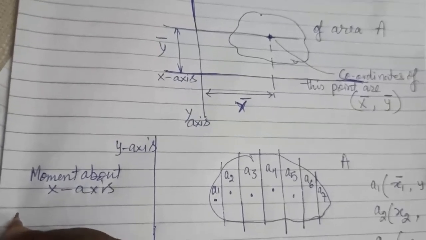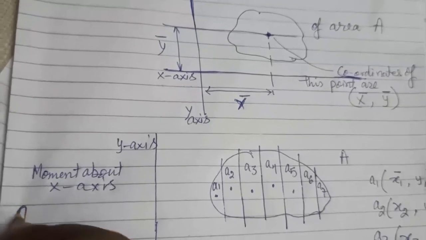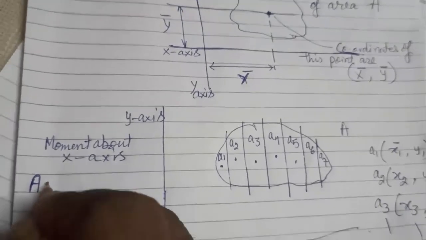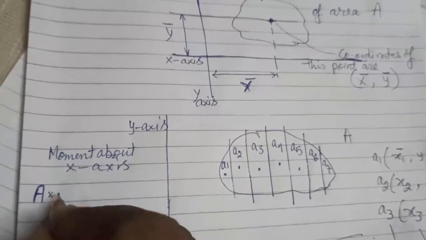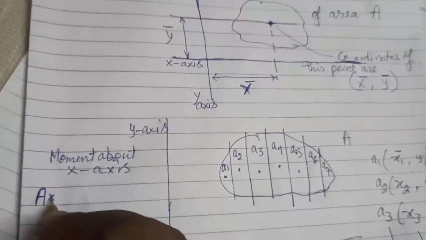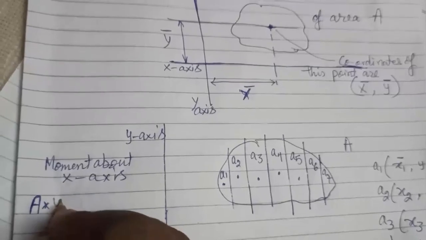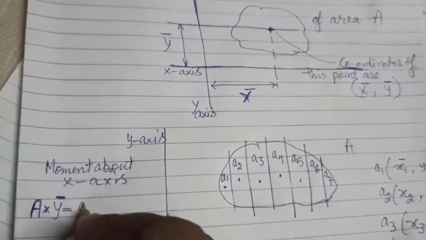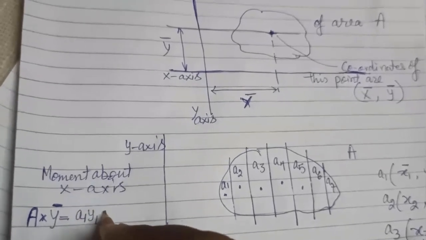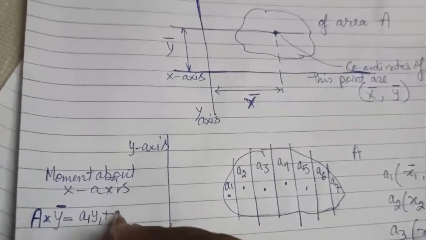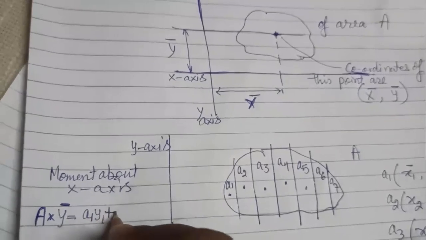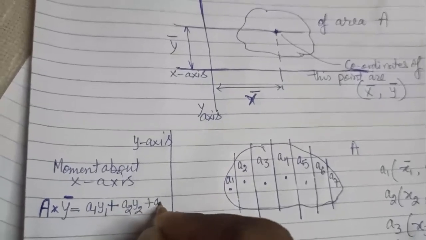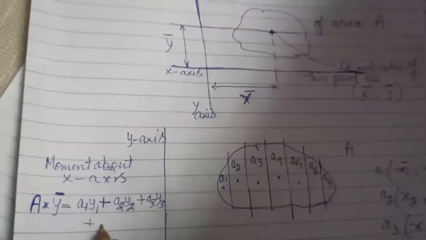The total area is A, and the distance of A from x-axis is y bar. This will be equal to the sum of all moments of all areas, A1y1 plus A2y2 plus A3y3, and so on.